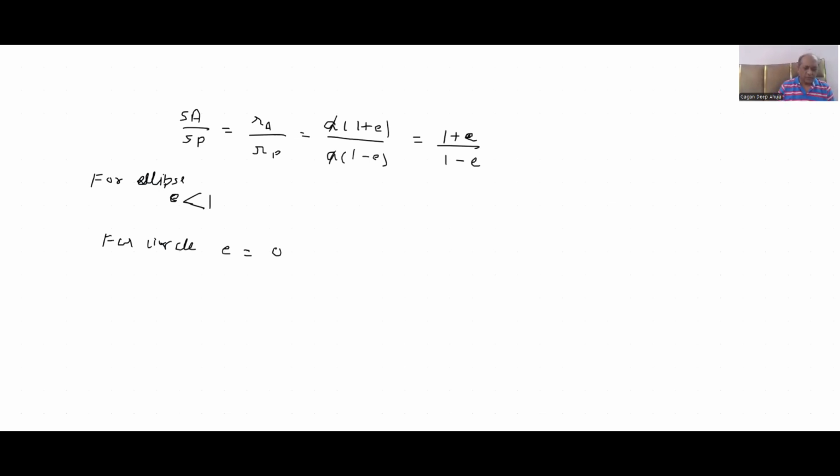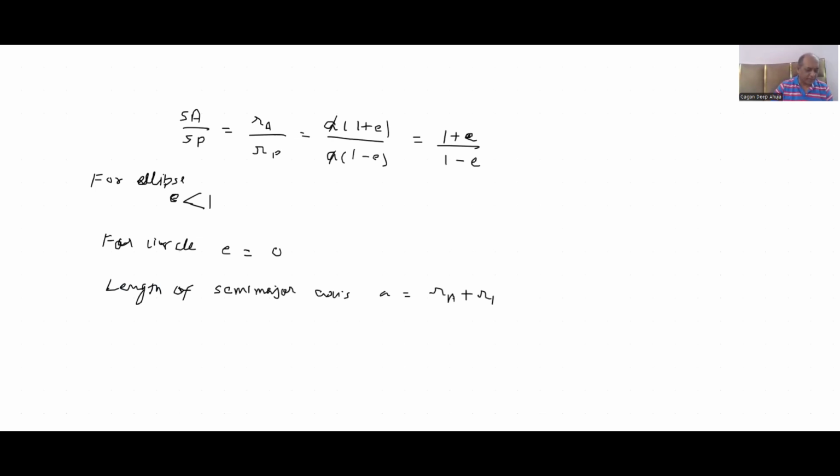Okay. Also, we can easily conclude that the length of the semi-major axis A will be equal to RA plus RP divided by 2.